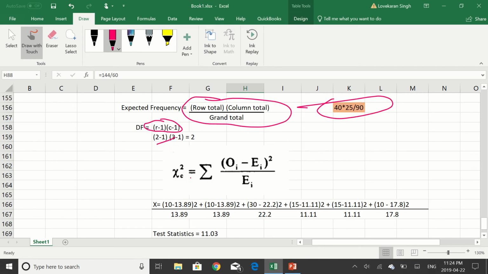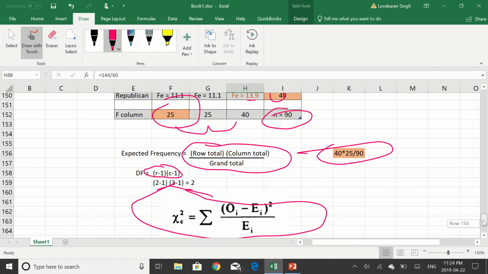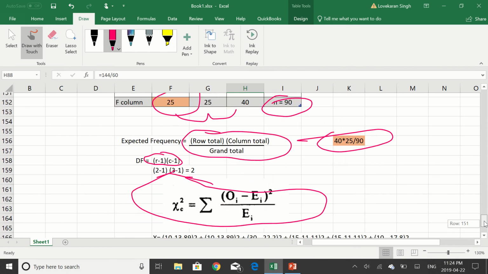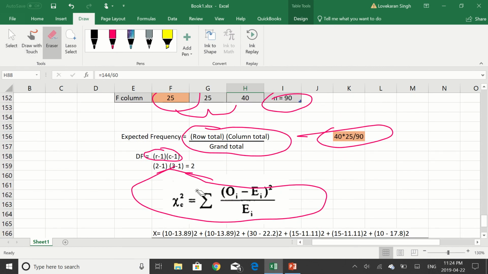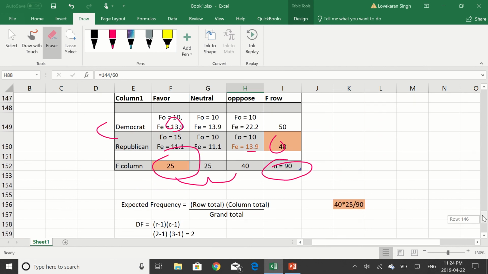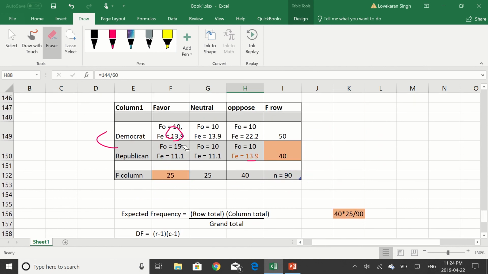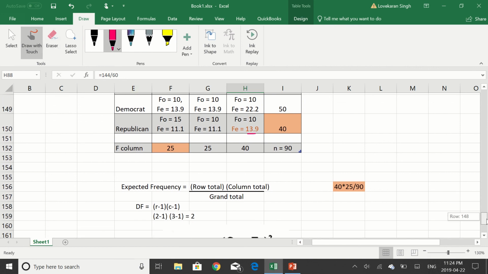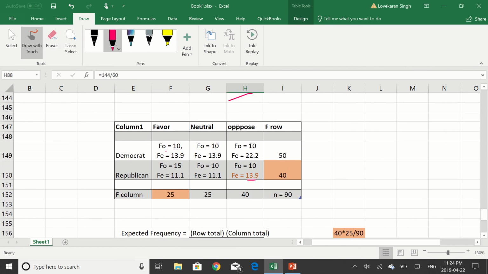To find our test statistic, we use the same main formula to solve chi-square. Here is our observed frequency and here is our expected frequency.